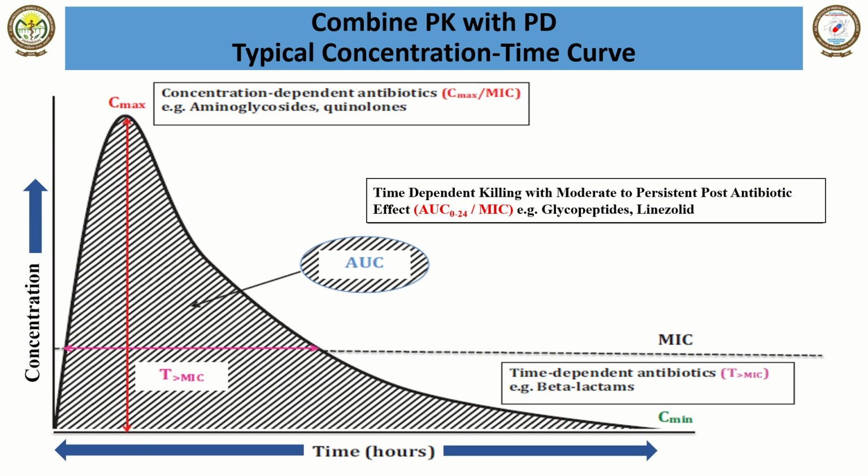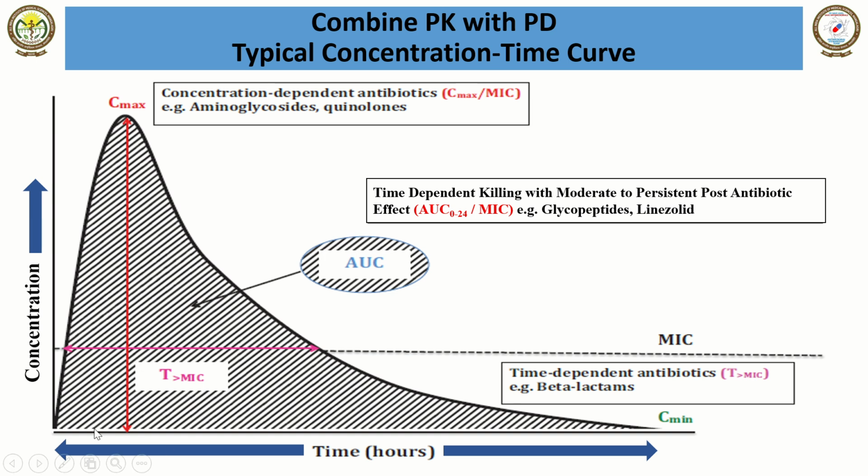Then we have the time dependent antibiotics, totally different, a 180-degree turn. Those are antibiotics acting on actively dividing bacteria, like the beta lactam drugs or the carbapenems or the BLBLI combinations. They're all time dependent antibiotics. And the third kind are the time dependent with moderate to persistent post antibiotic effect.